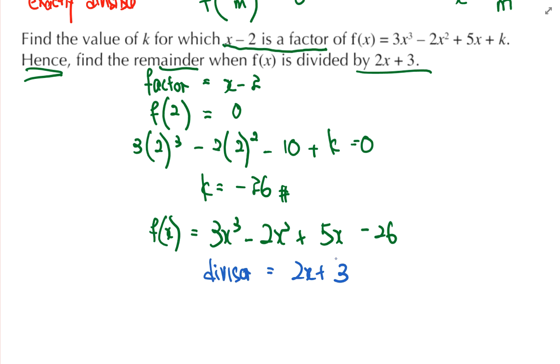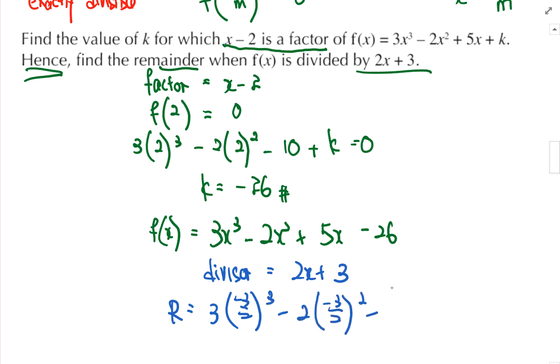You can do this by pressing the calculator. How do I do so? The remainder in this case, same thing. Replace your x by negative 3 over 2. And if you were to press your calculator carefully, you should get, and this will be your final answer.